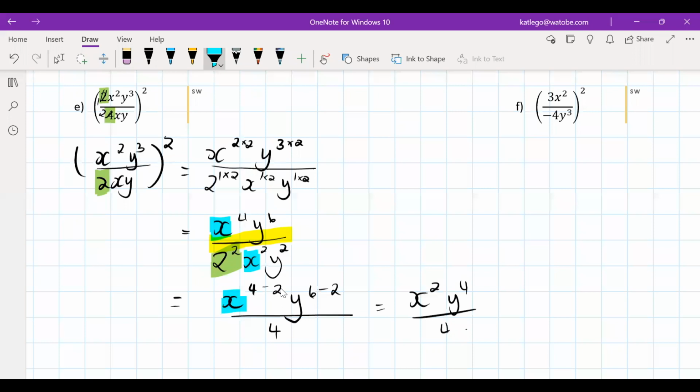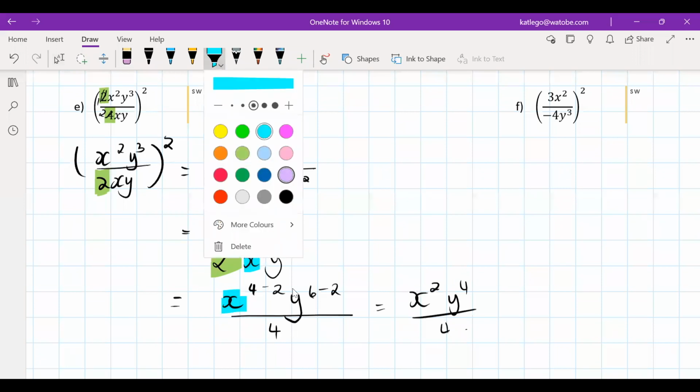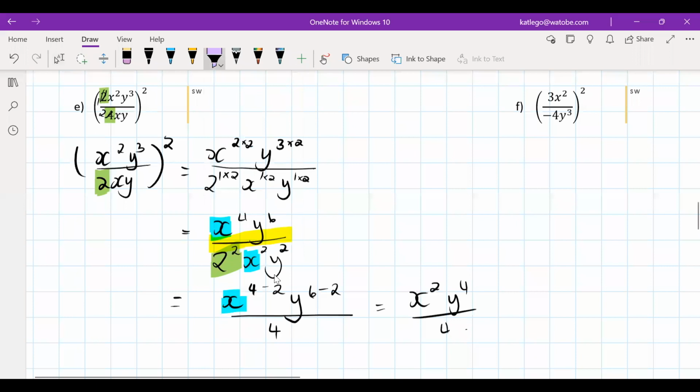So we said 4 minus 2. Then we went to y's, top exponent, which is 6, minus bottom one, which is 2. The 4 stays at the bottom. Do not move that 4. It belongs to the bottom. And then we have our final beautiful answer.